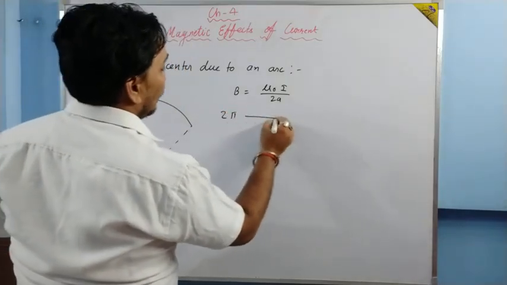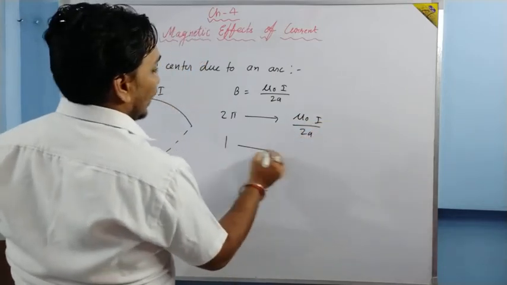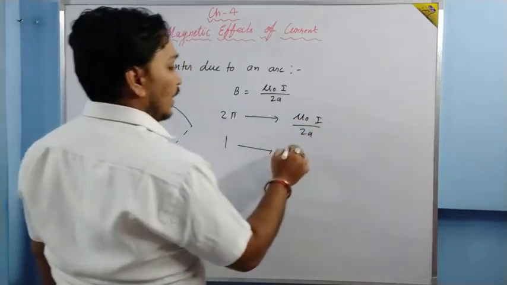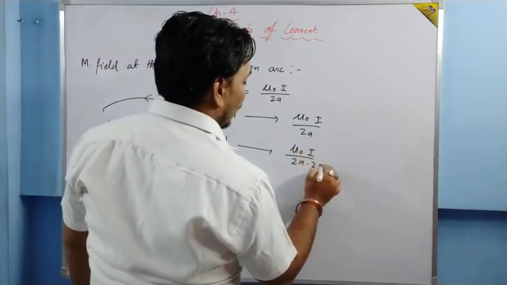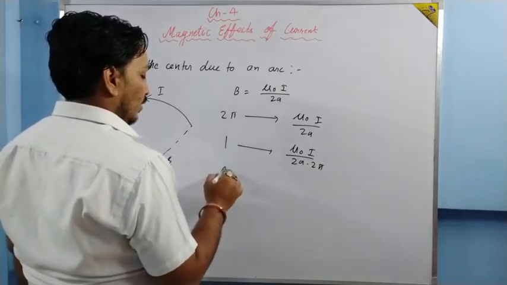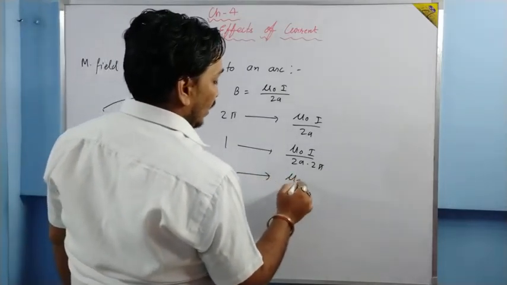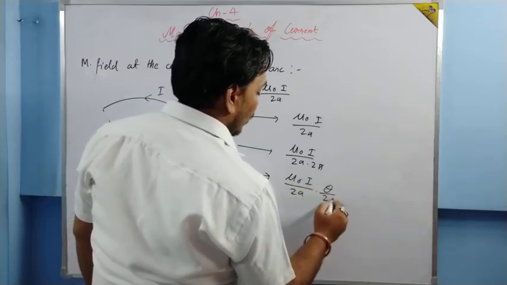What is the magnetic field due to unit radian? It will be mu naught I upon 2a into 2 pi, divided by 2 pi. Then for theta radian, it will be mu naught I upon 2a into theta upon 2 pi.